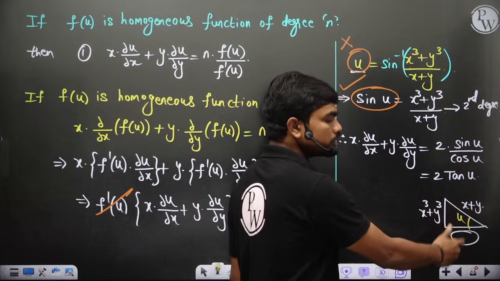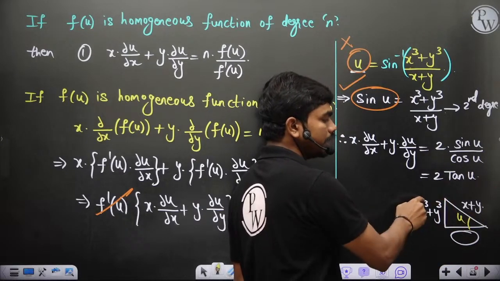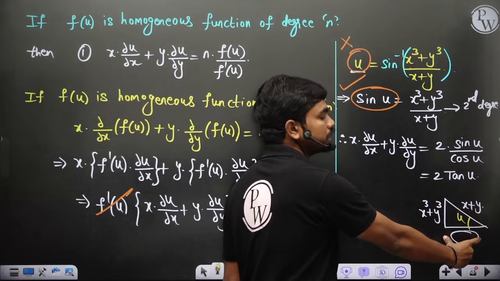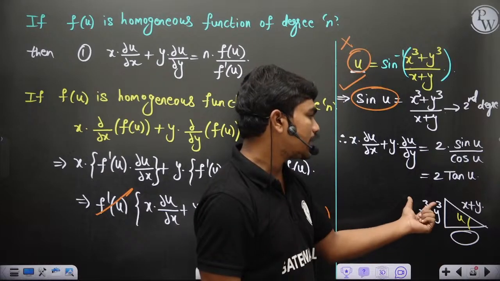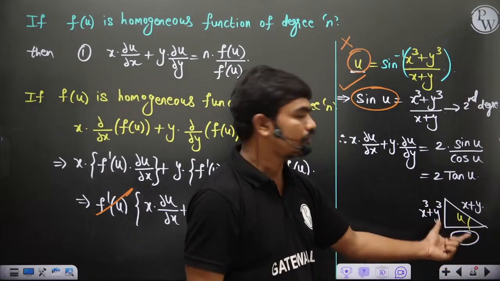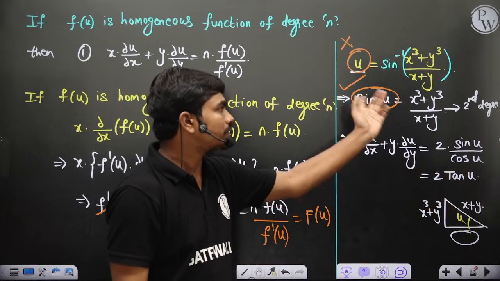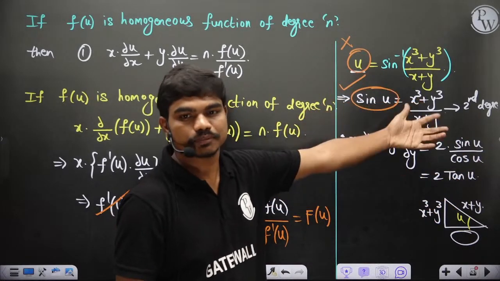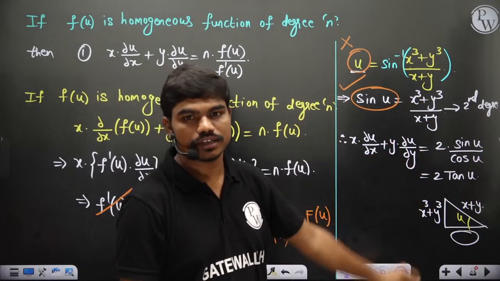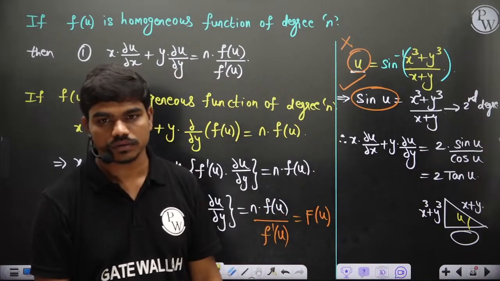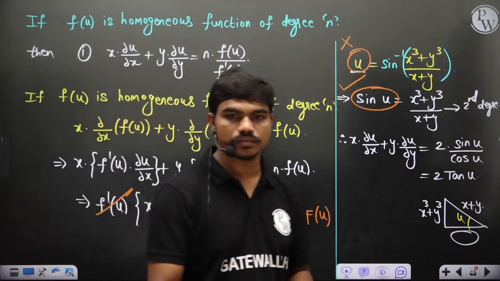Ultimately, applying the Pythagoras theorem, you can calculate the other side as the square root of (x plus y) whole square minus this. Then you can write tan u in terms of x and y. If you replace that, the final answer would be in terms of x comma y. That's it. When the question is given in terms of x comma y, generally people expect the answer in terms of x comma y. So that's what I have explained. Clear?